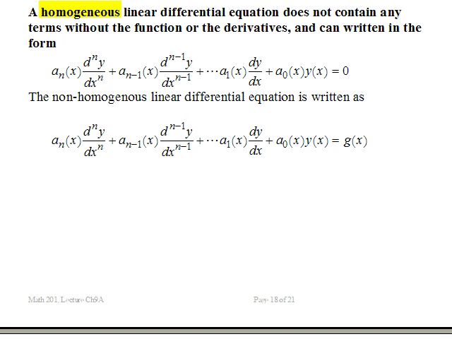Every single term has in it either the function or the derivatives. So you can write it in this form as equal to 0. If it's a non-homogeneous linear differential equation, then there is some function of x here that is not multiplied by either the function or one of the derivatives, and it can be written in this form.